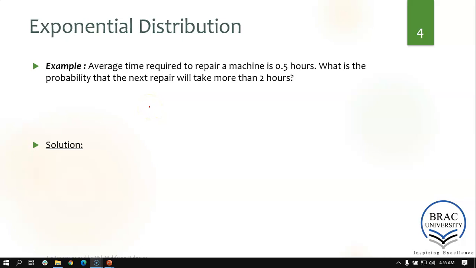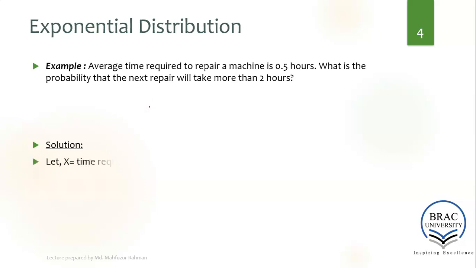Like any other probability distribution, defining a random variable is the most important thing to solve a probability distribution problem. Here, x is the time required to repair a machine. Now, it is given that the average time required to repair a machine is 0.5 hours.